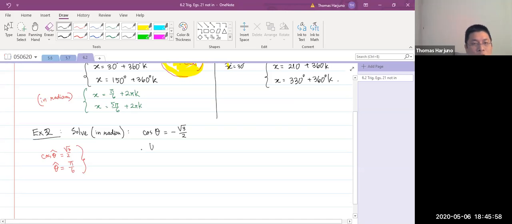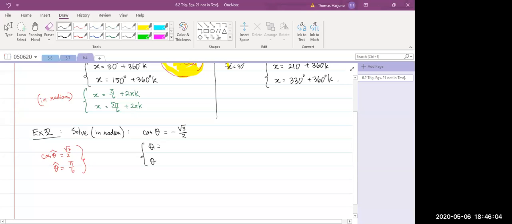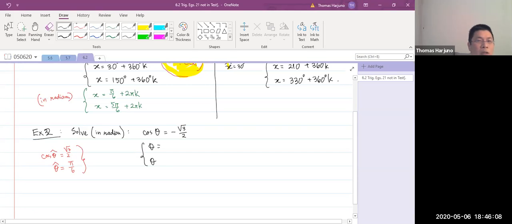I need the cosine to be negative, so it should be in quadrant what? 2 and 3. Quadrant 2 and quadrant 3. So let's say this is in quadrant 2, this is in quadrant 3. Then what's theta in quadrant 2?